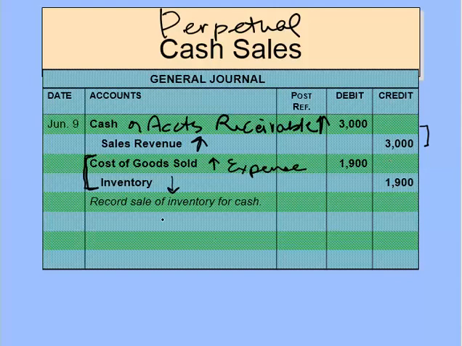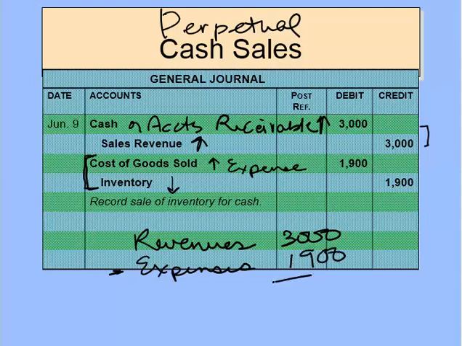And then what we get left with, if you remember your basic format of your income statement, revenues minus expenses, revenues of $3,000, expenses here, $900, give us $2,100.